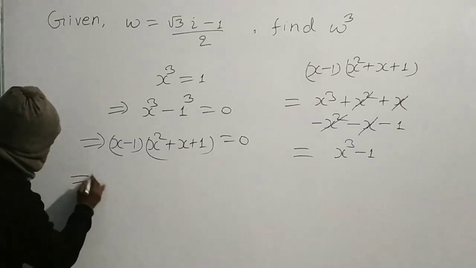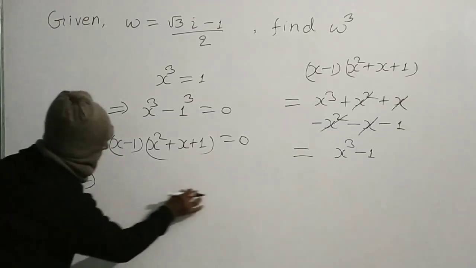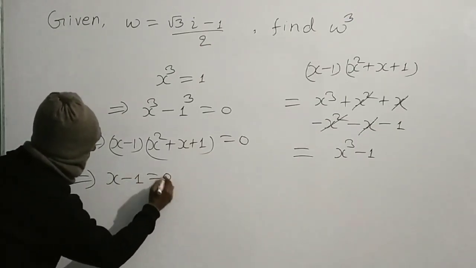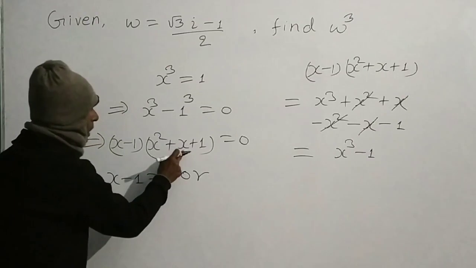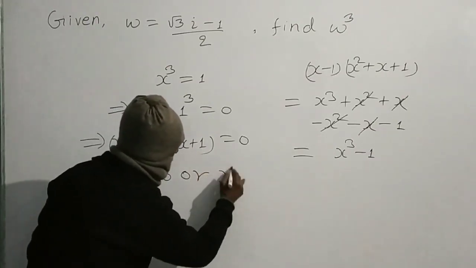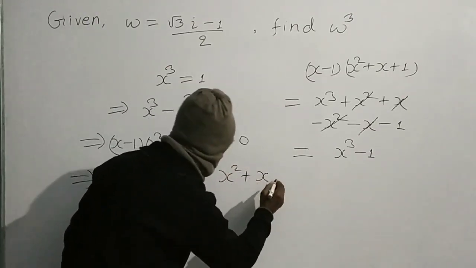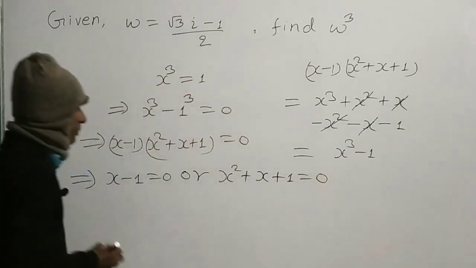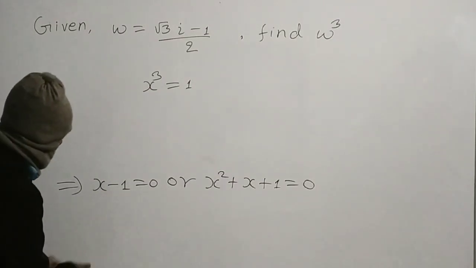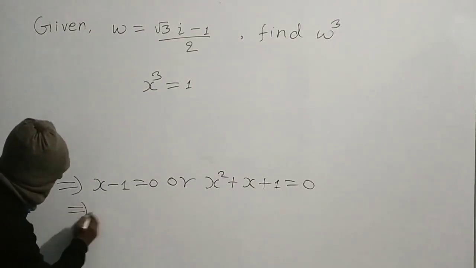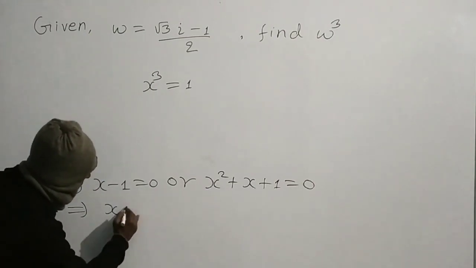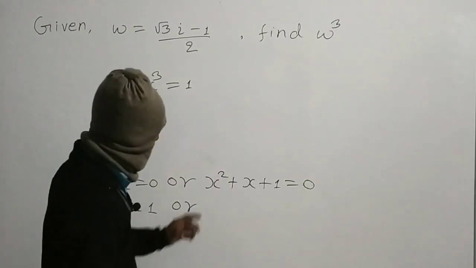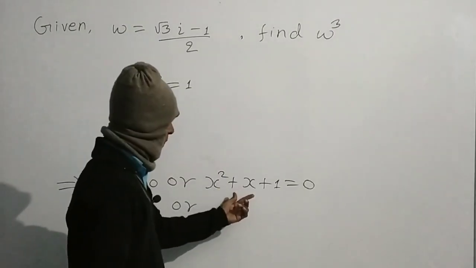This implies either x minus 1 will be equal to 0 and x square plus x plus 1 will be equal to 0. This implies either x is equal to 1 or we will have to solve this equation.